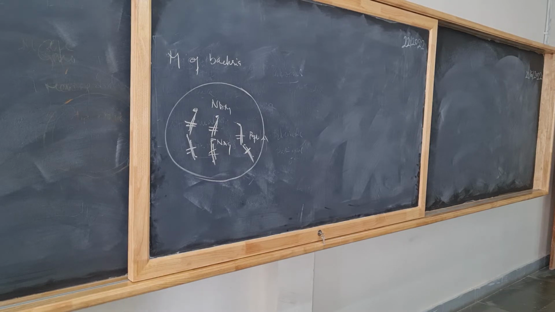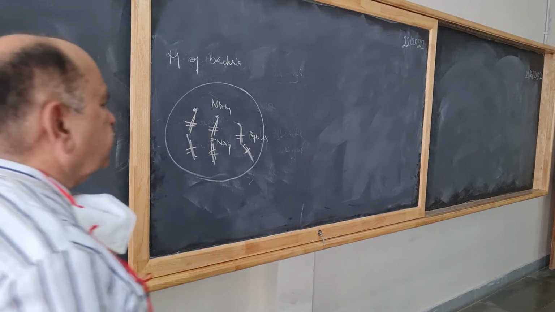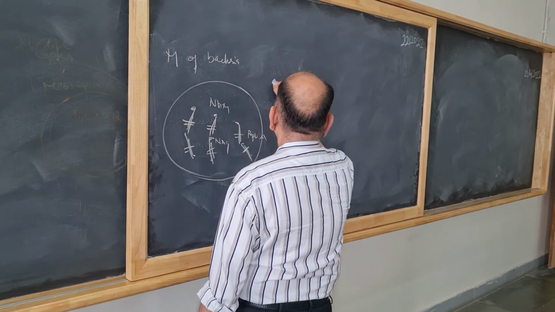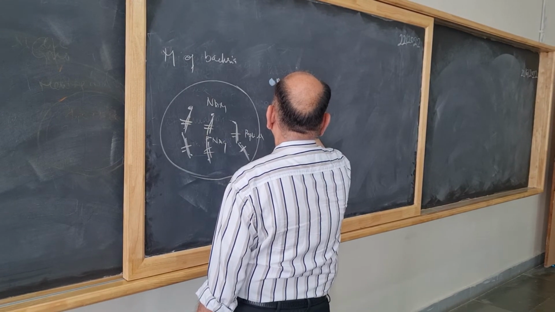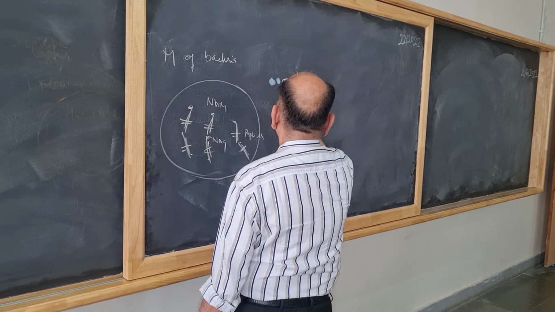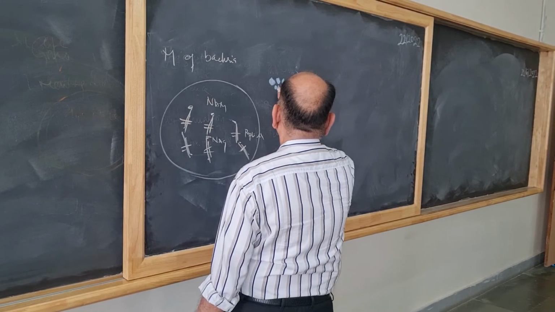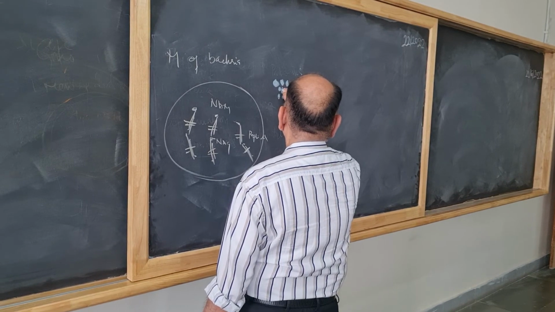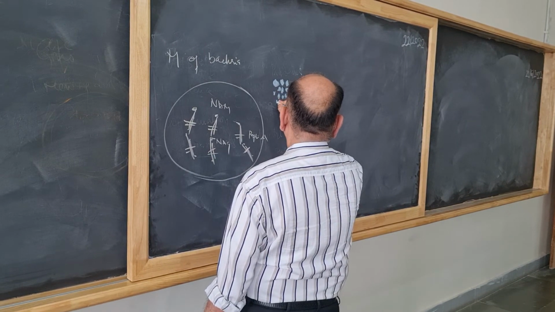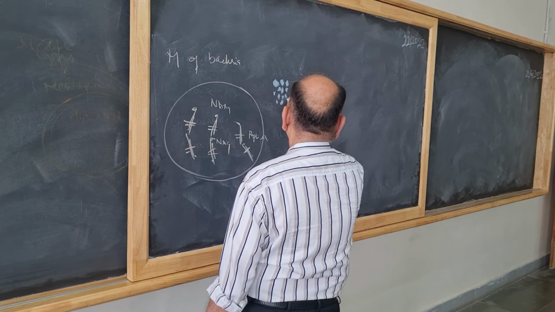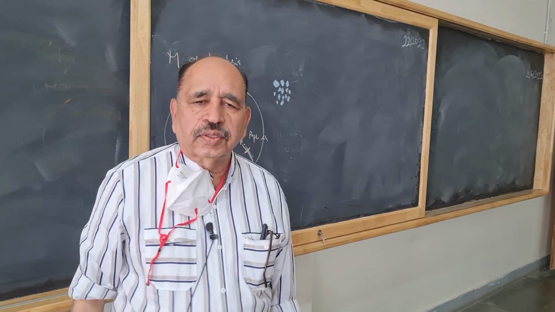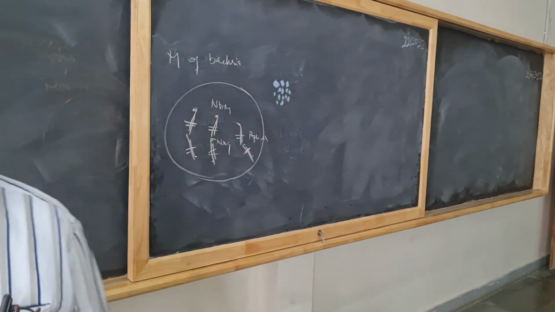Depending on the shape, bacteria are classified into cocci. Coccus is singular, cocci is plural.